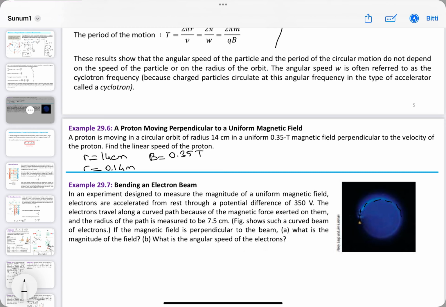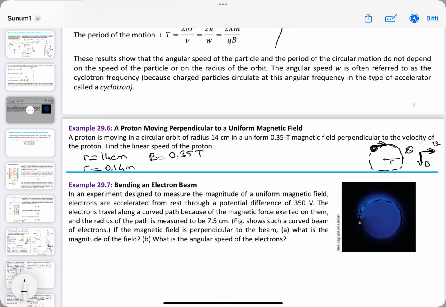Maybe you can't see it. The charge starts from here and turns around like this. Say this is r, and the magnetic field is perpendicular to velocity. Say this is your velocity. The magnetic field, for example, is inside of the page.